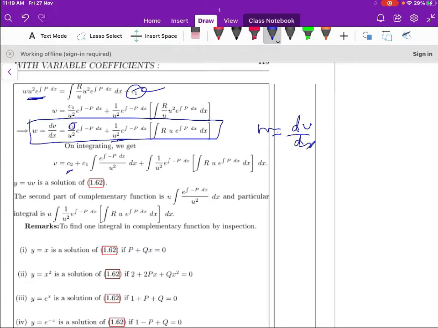So this is the v here. So once you know v, y is equal to uv is a solution of the differential equation.